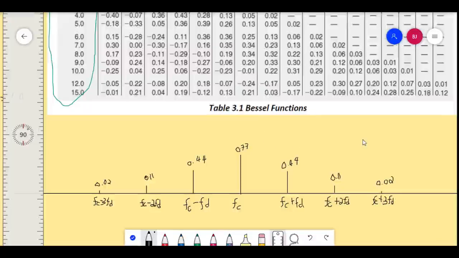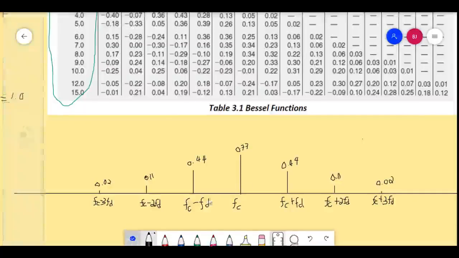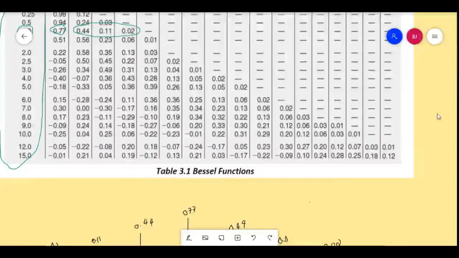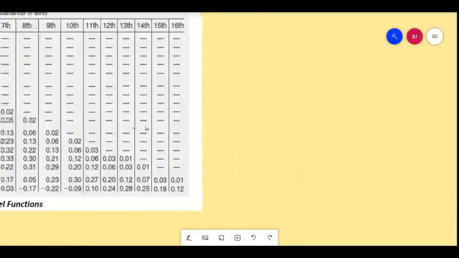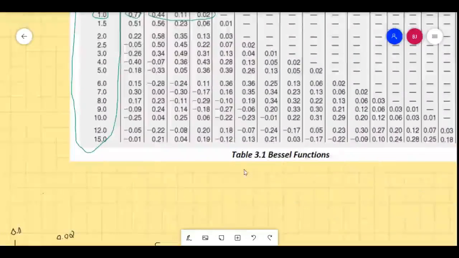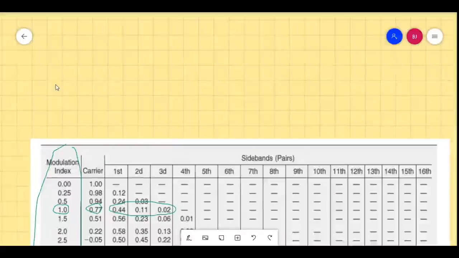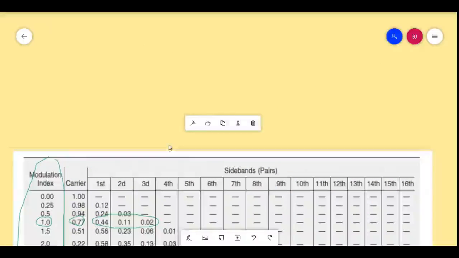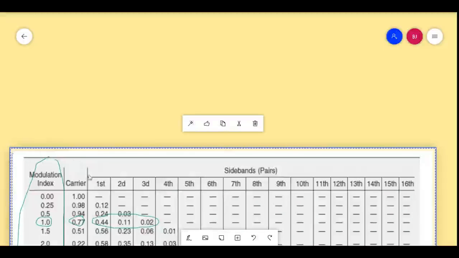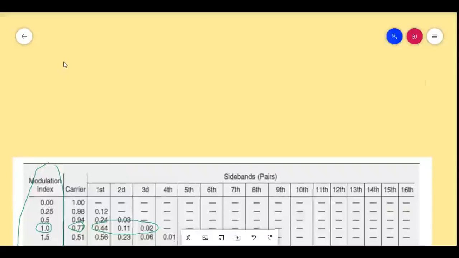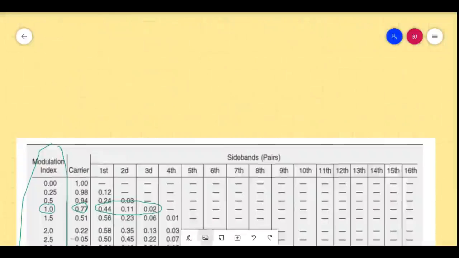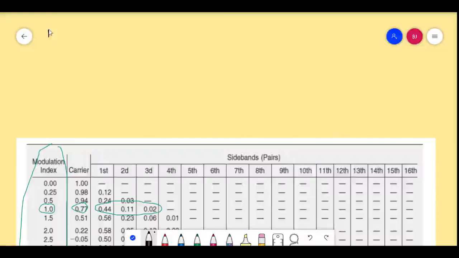Let's have another example. But this time around, let's give proper givens for the following. So let's say our M, or modulation index, was equal to 1.5.